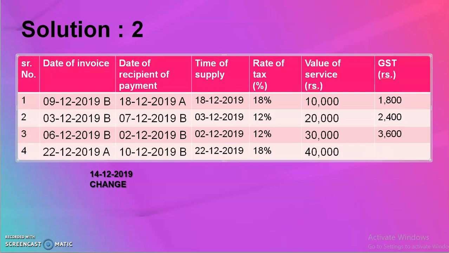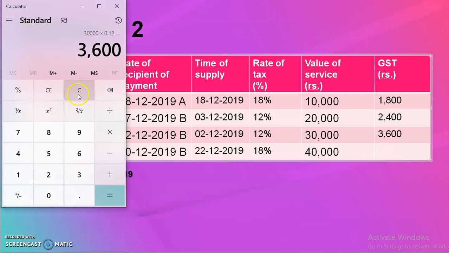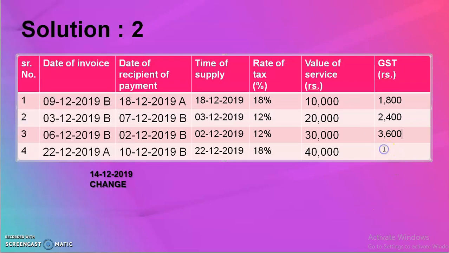Now we will go with the last one, that is 40,000 multiplied by 18% and we will get 7,200. So that's it students.